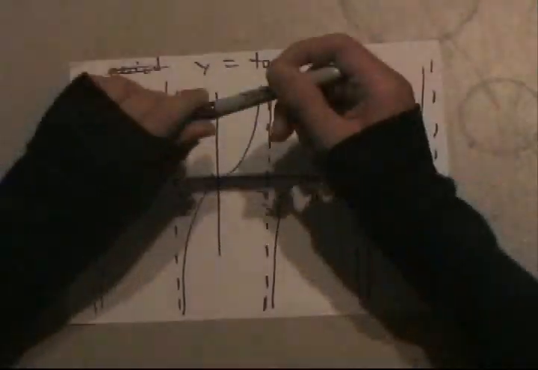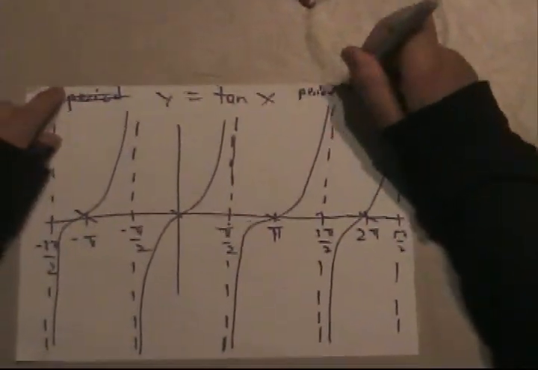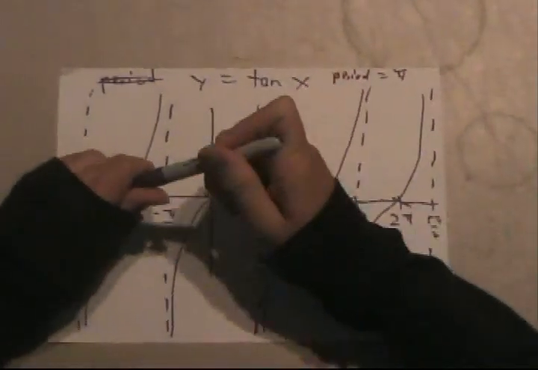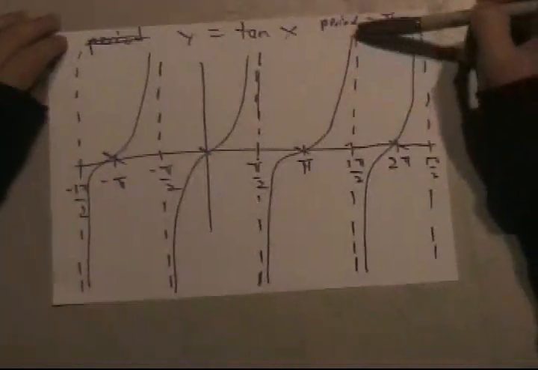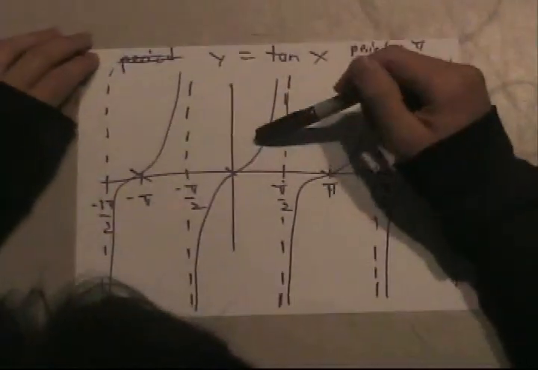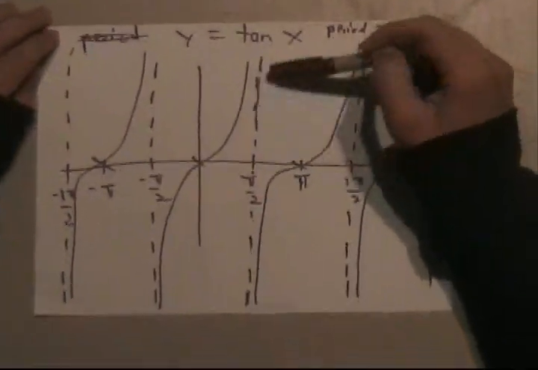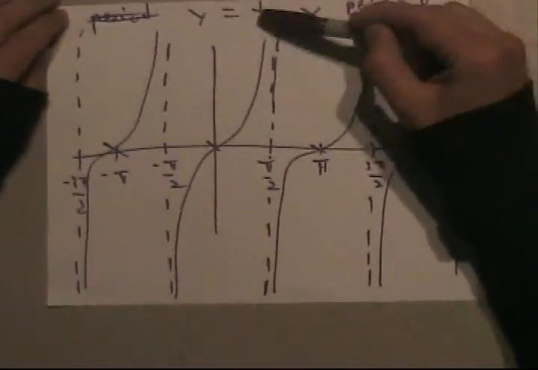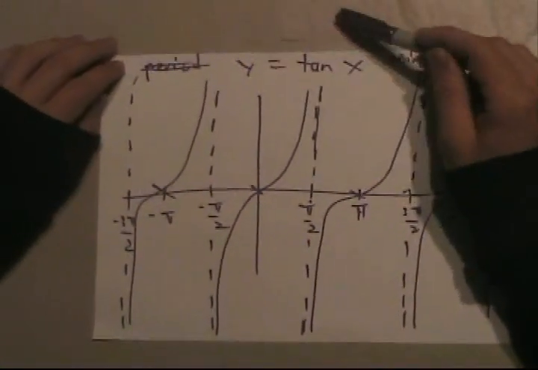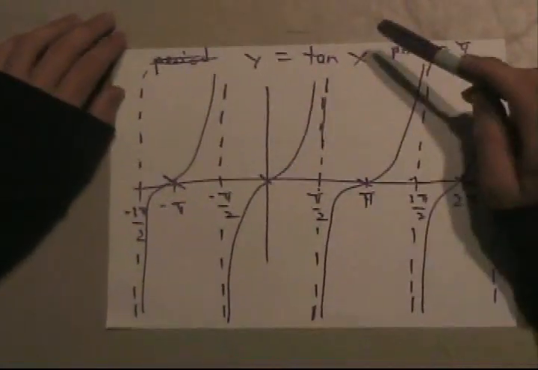As you can see, the tan graph is periodic to pi, and the dotted lines are the vertical asymptotes of the tan graph. These are the points where the tan graph increases exponentially to the point of infinity. Fascinating.